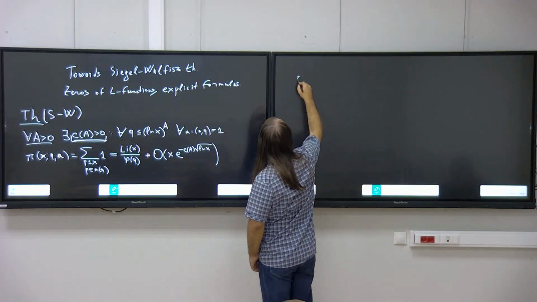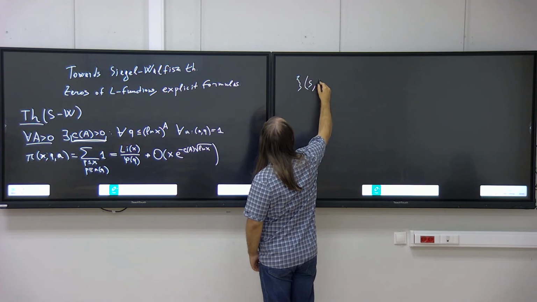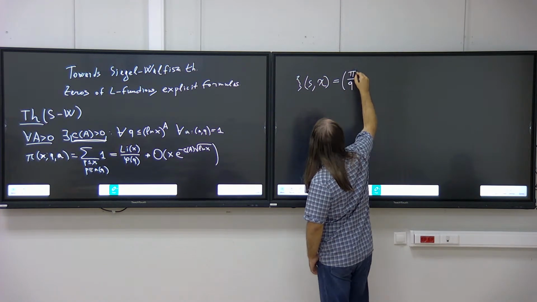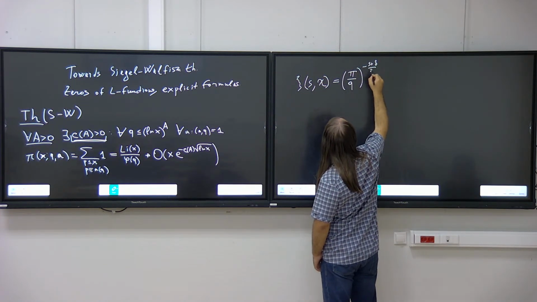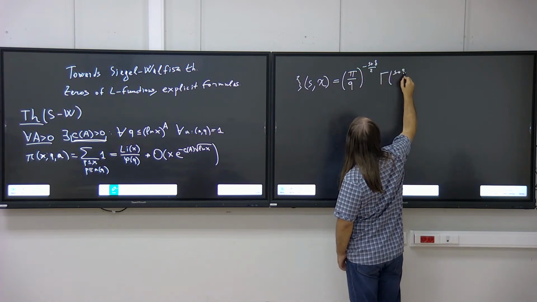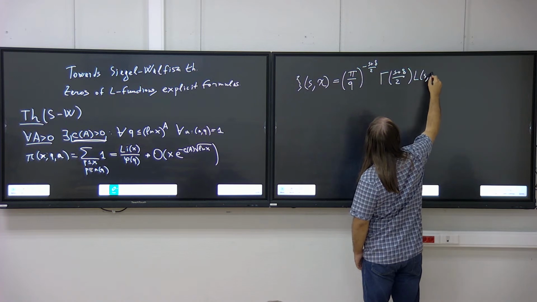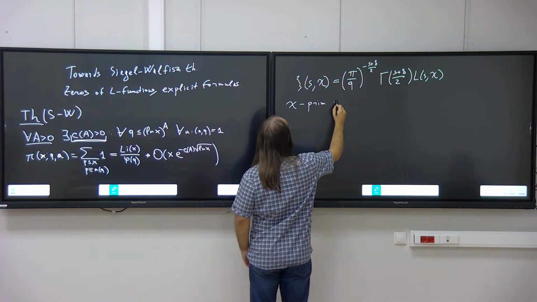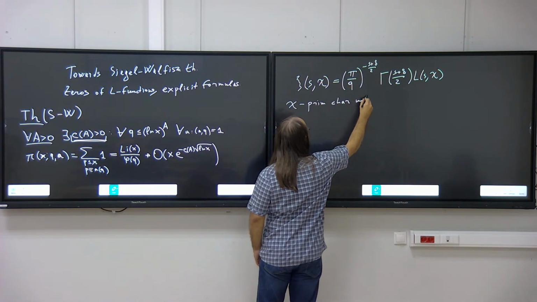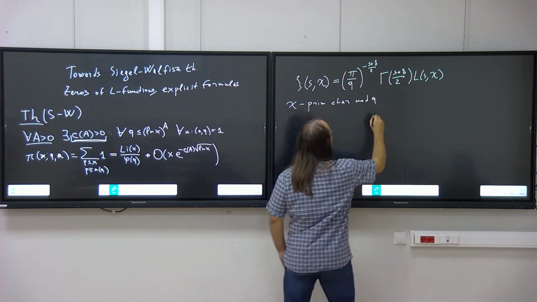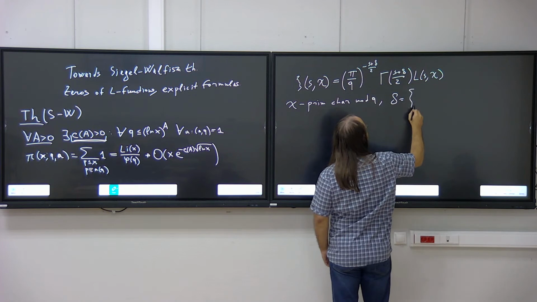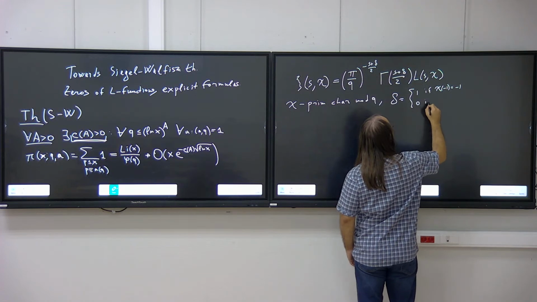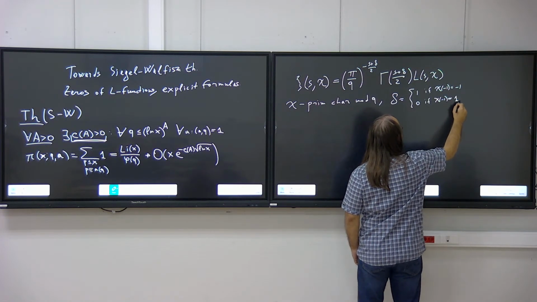So let me remind you that we proved a functional equation for the following function: (pi over q) to the power minus (s plus delta) over 2, gamma of (s plus delta) over 2, L(s, chi), where chi is a primitive character modulo q, and delta is equal to 1 if chi of minus 1 is equal to minus 1, and 0 if chi of minus 1 is equal to plus 1.